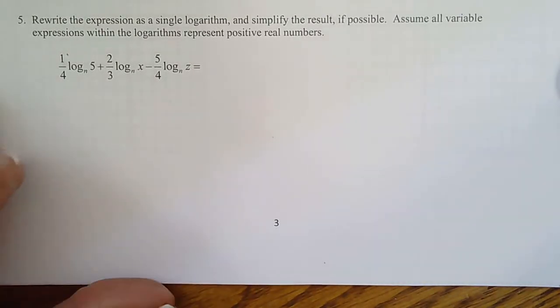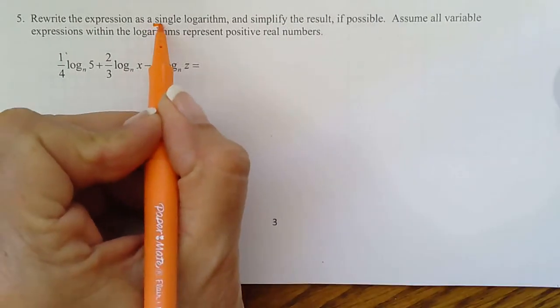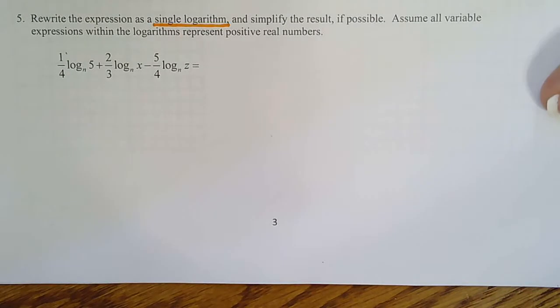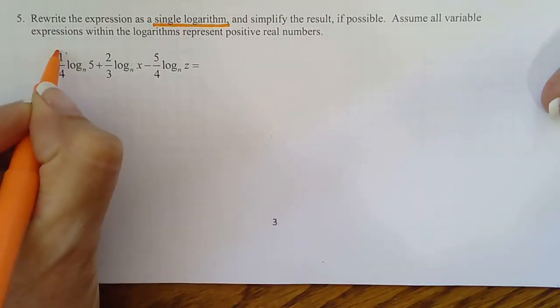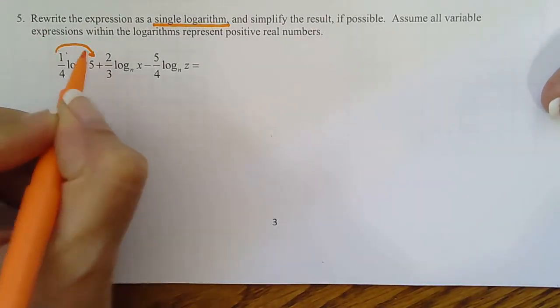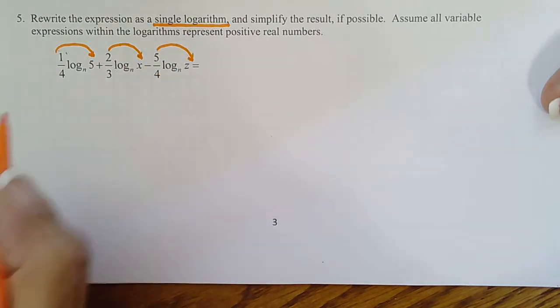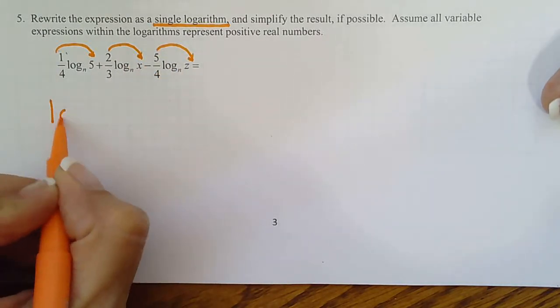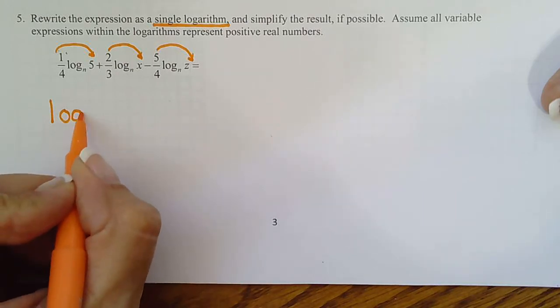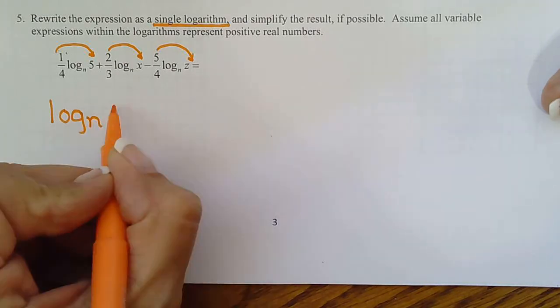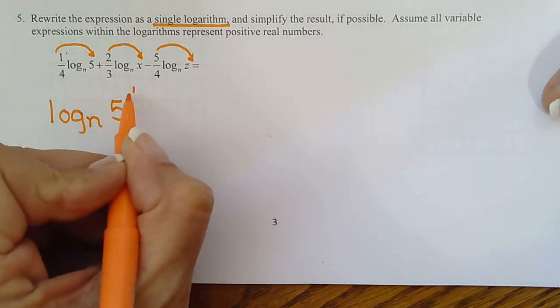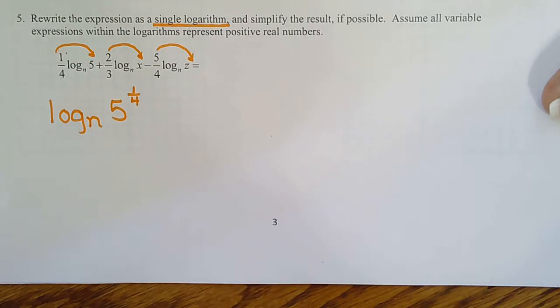Okay, so anytime it says single logarithm, step 1 is to do your exponents. So all my exponents need to go back into place. So this is going to be log base n of 5 to the 1/4. And right away I'm thinking, oh, these all have fractional exponents.